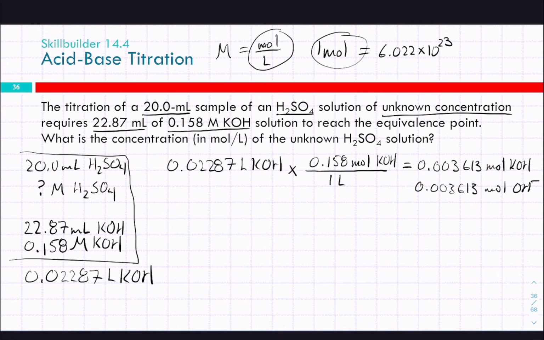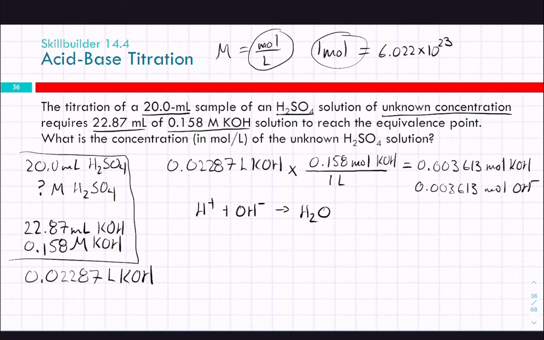So how many moles of H plus were in the solution? We're going to do this problem twice. We're going to do it once this way, and then once with the regular stoichiometry.